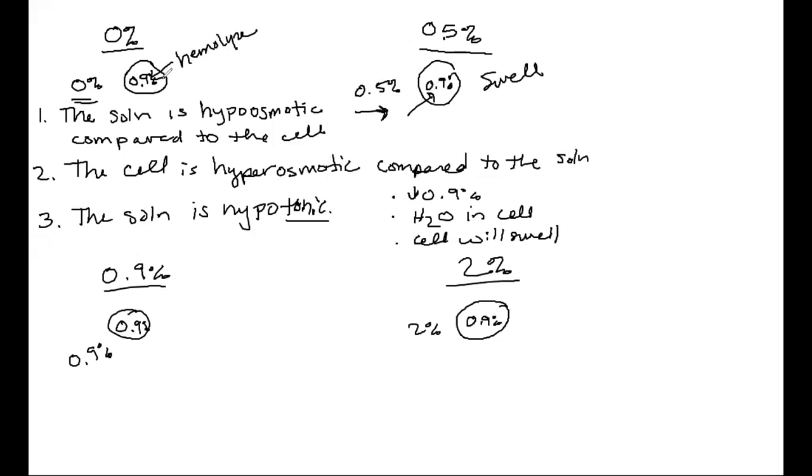All right, explain this setup. So one, the solution is what? So the solution is isosmotic to the cell.